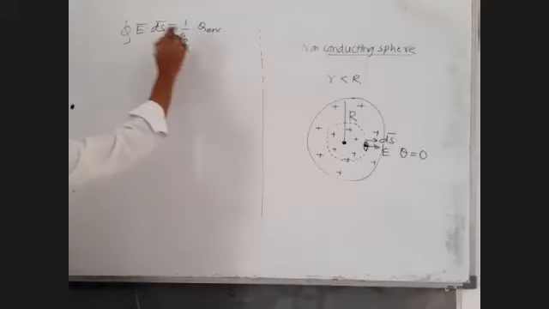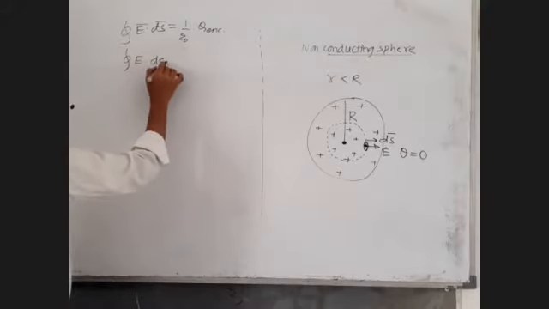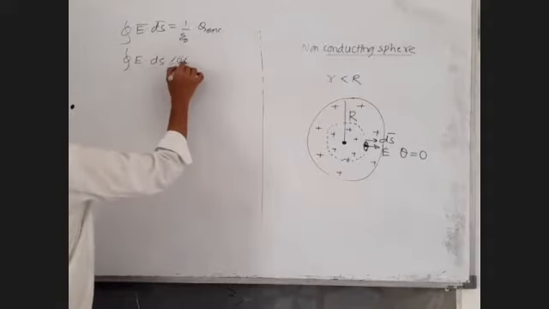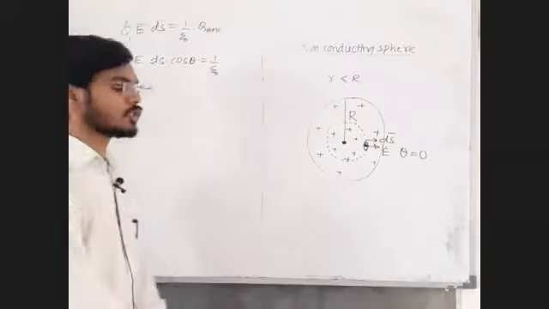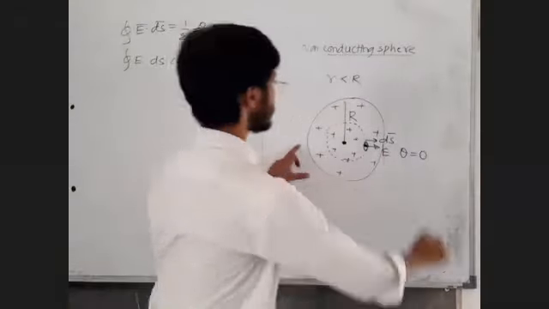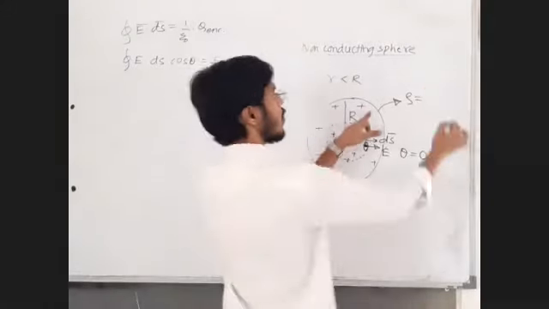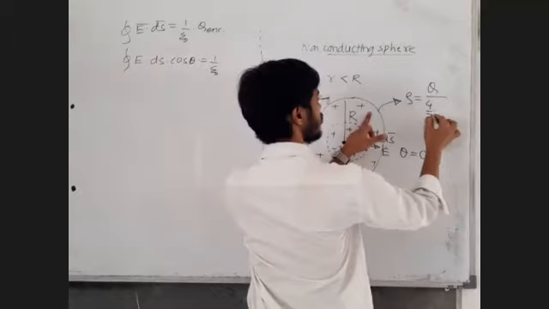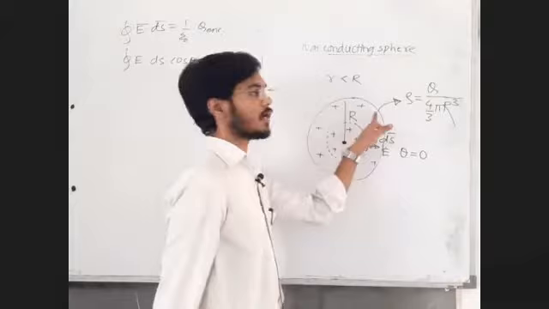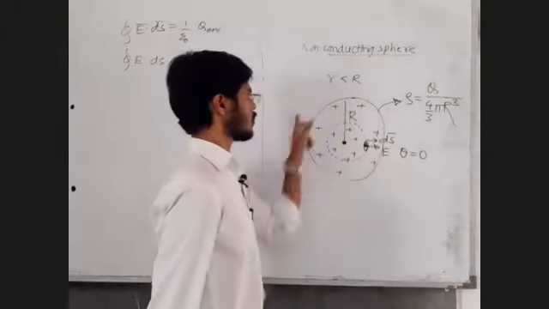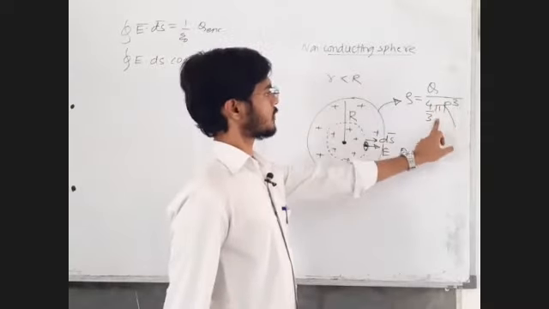Closed integral E bar dot ds, that is E ds cos theta, is equal to 1 upon epsilon 0 times the charge enclosed. Now this is our object having charge per unit volume rho, overall charge q, and overall volume 4 by 3 pi capital R cube.